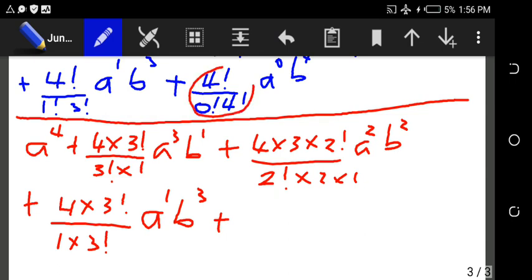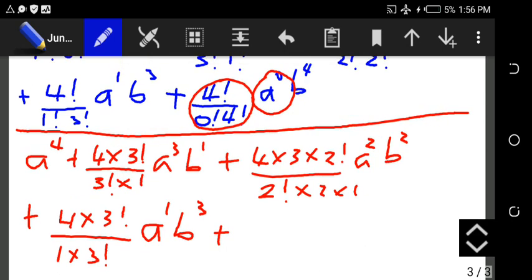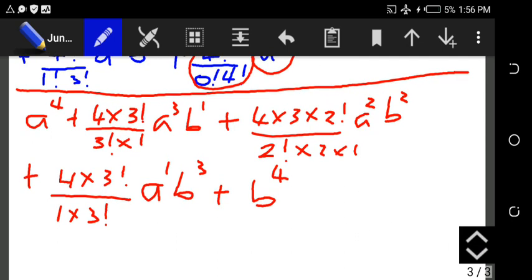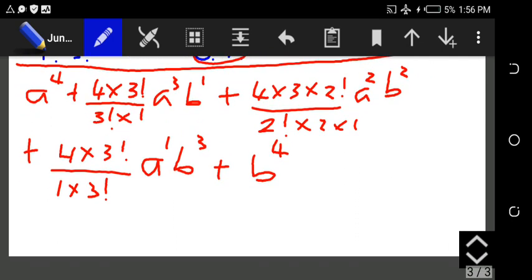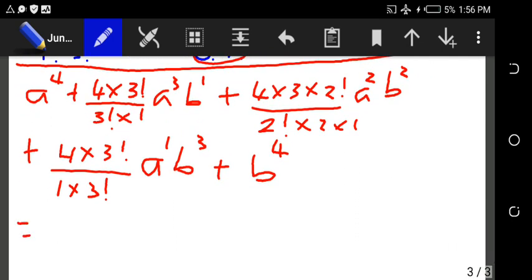So everything here will simplify to give us 1. And remember that also a raised to power 0 is 1. So what we're having is 1 times b raised to power 4, and that will simply give us b raised to power 4. And finally, carrying out our simplification, we have a raised to power 4.